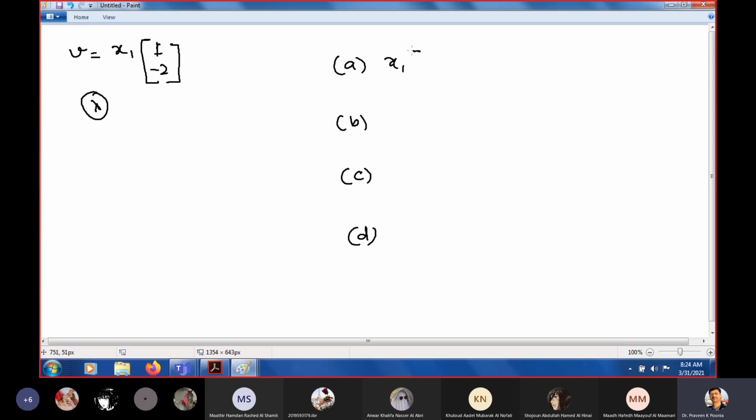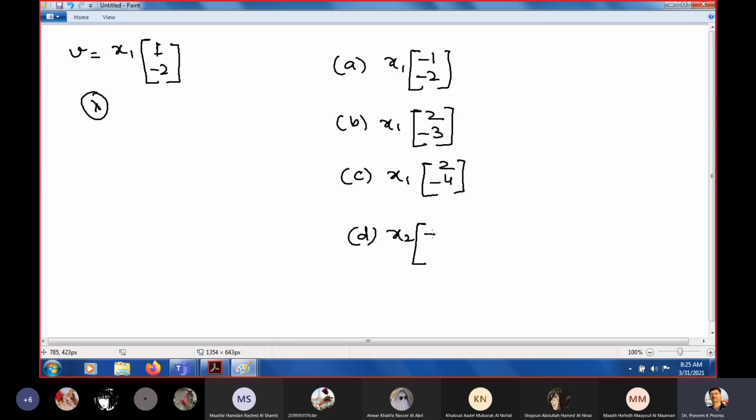It is x1, minus 1, minus 2, it is x1, 2, minus 3, it is x1, 2, minus 4, it is x1, minus 4, 2. Which eigenvector out of these 4 corresponds to the given eigenvalue lambda? Can you tell me?